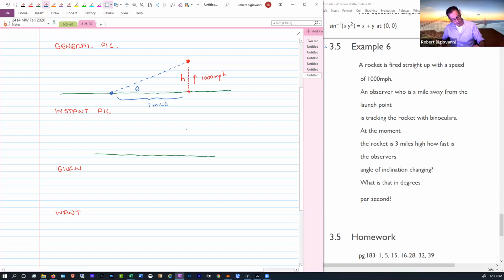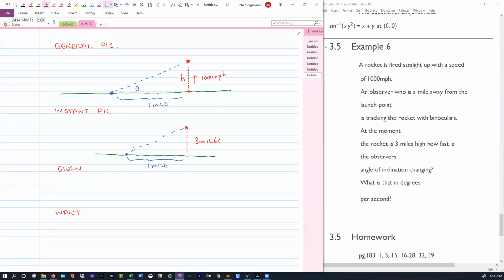And at this moment, the rocket is 3 miles here. It's not drawn to scale. My observer is 1 mile. Now tell me about this. In this instant snapshot picture, is theta changing anymore, or is theta fixed?